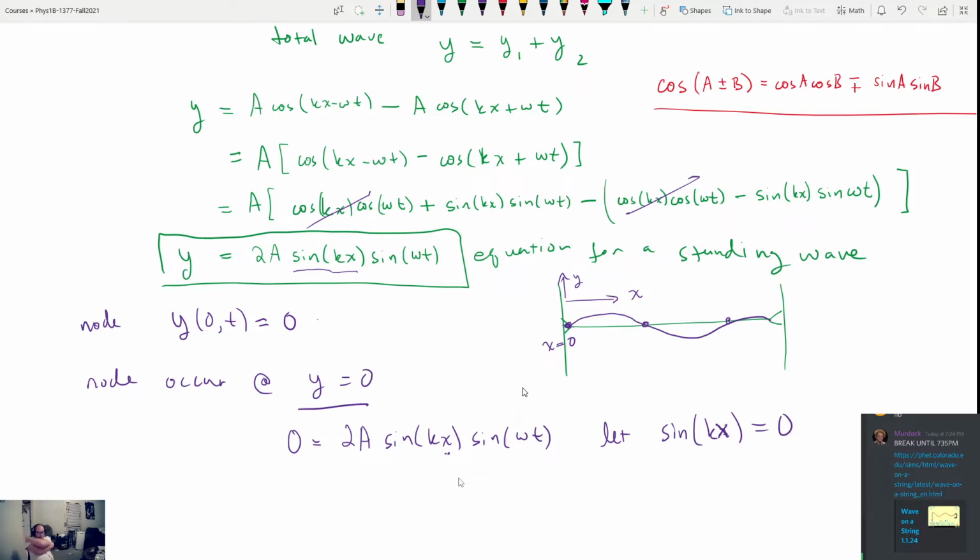I'll stop for a second. Does that tactic make sense? If we want to find where the nodes are? All right. So when is sine of k times x equal to 0? At what values of x will sine of kx be equal to 0?